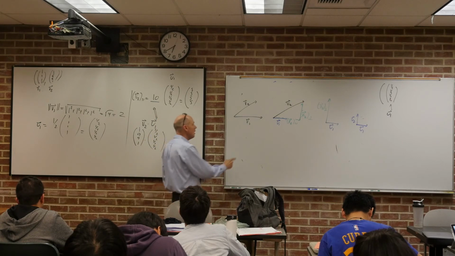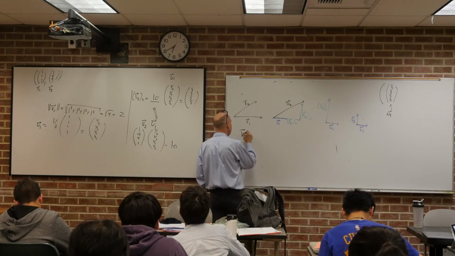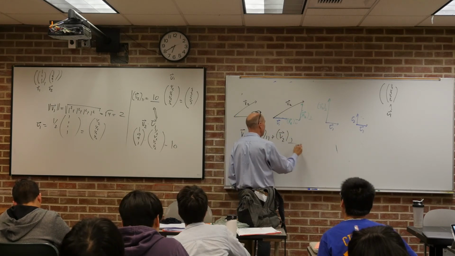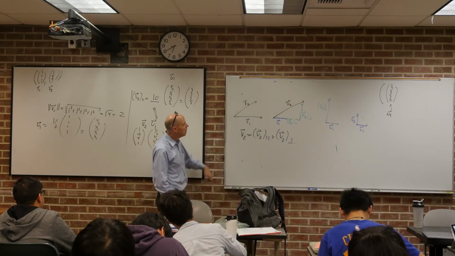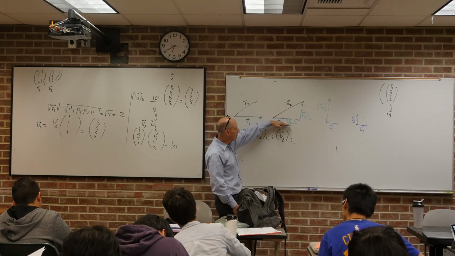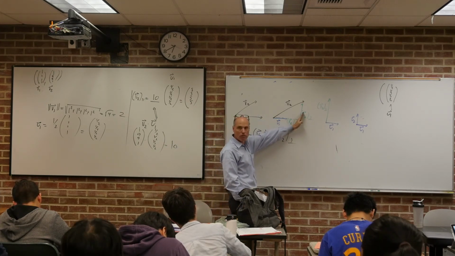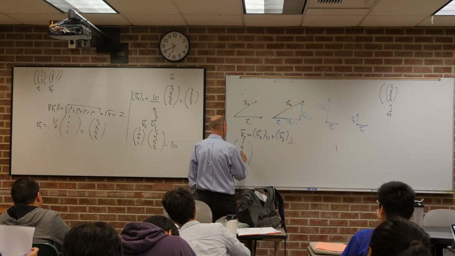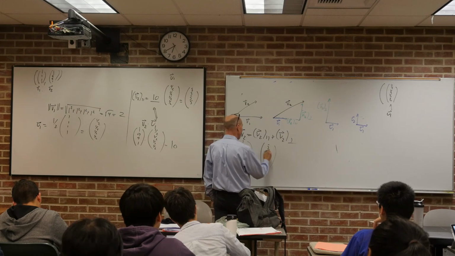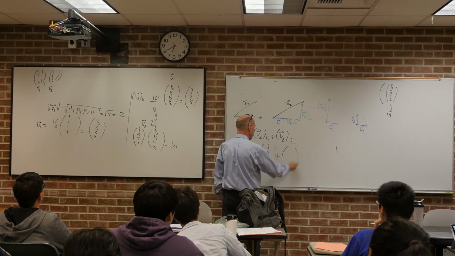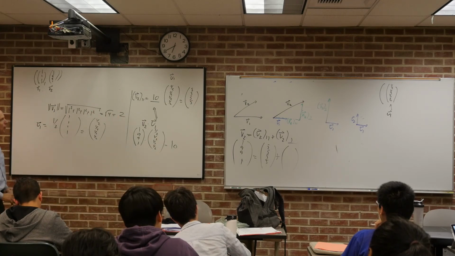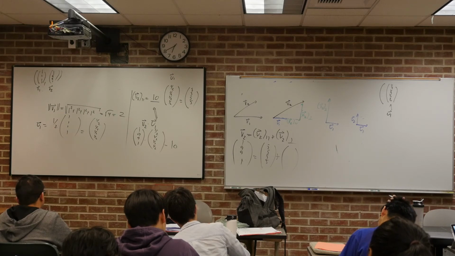And notice in this picture over here, is the way I get V2. I can break V2 down into its parallel part plus its perpendicular part. So what I have is that V2 is the parallel part plus the perpendicular part.